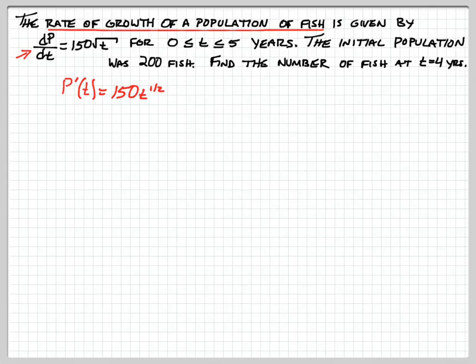So we know that this is a derivative function, so we need to get back to our parent function to find the population of fish at any given time. So p of t is going to equal the indefinite integral of 150t to the 1/2 dt. We need to work this back up to the parent function.